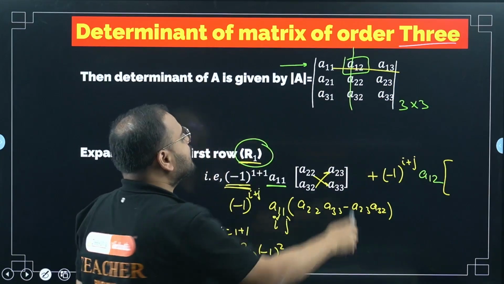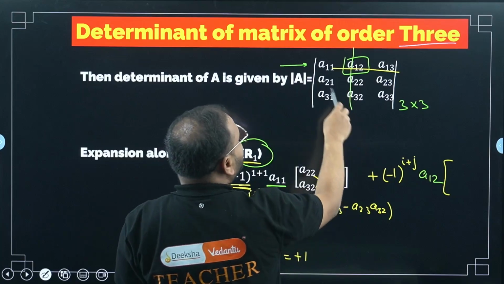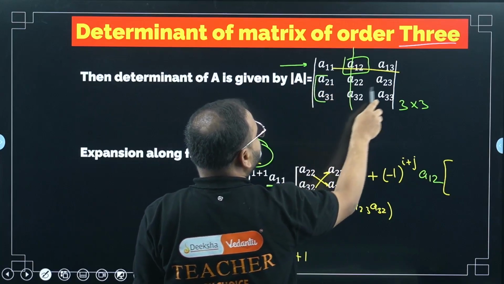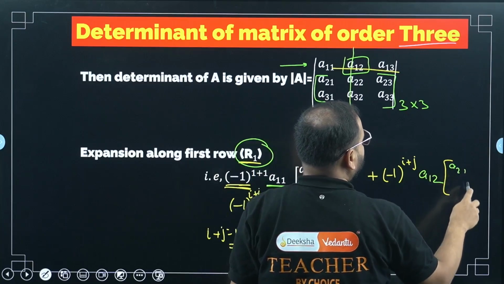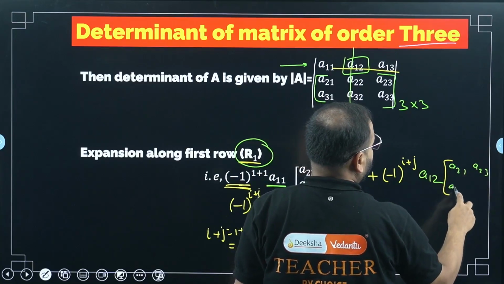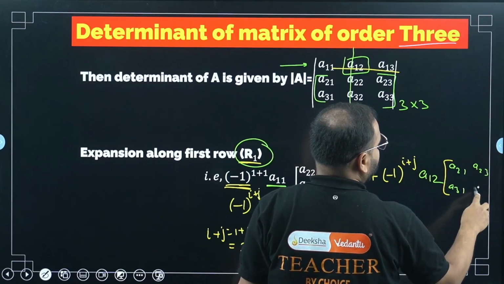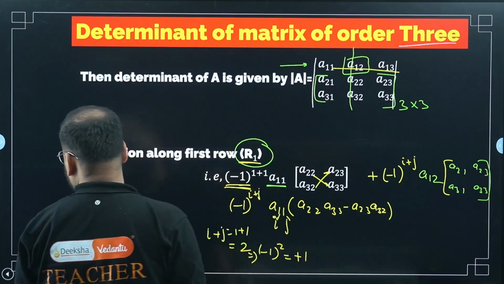What is left if I don't consider them? Only this part. So this will become my matrix: A21 and A23, A31 and A33. I hope you understand this.